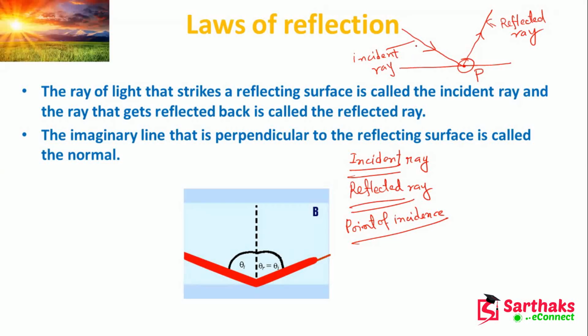Let this point be P. And if I draw a normal, that means 90 degrees with the surface, then this is the normal. This point is the point of incidence.